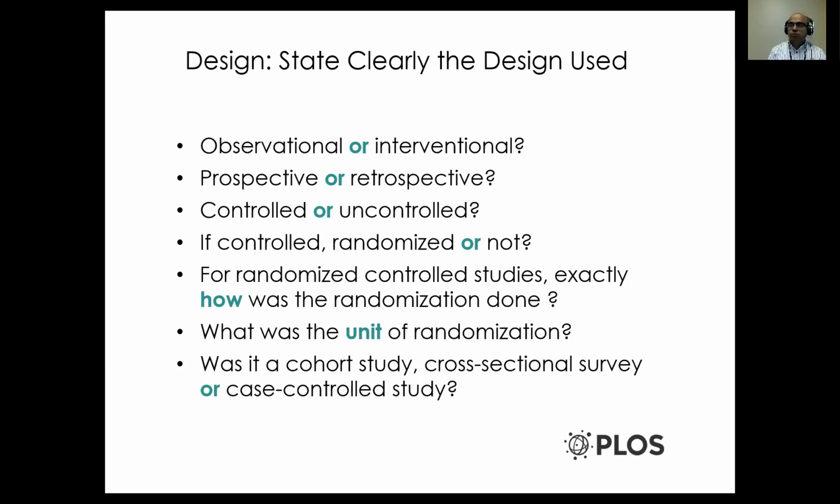Is it observational? Is it interventional? Is it prospective or retrospective? Is it controlled or uncontrolled? If it's controlled, is it randomized or not? For randomized controls, how was the randomization done? What was the unit of randomization? Was it a cohort study, cross-sectional survey, or case-controlled study?